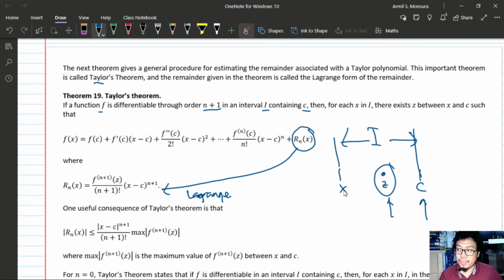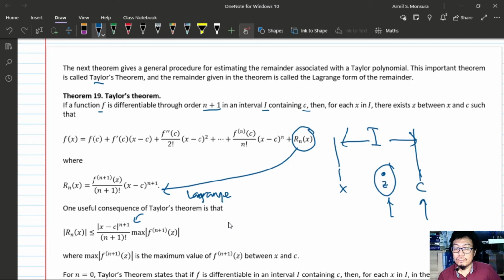So what we can only have is an upper bound for your error, and that upper bound is given as this factor. So that's the upper bound of the error that your approximation can commit.